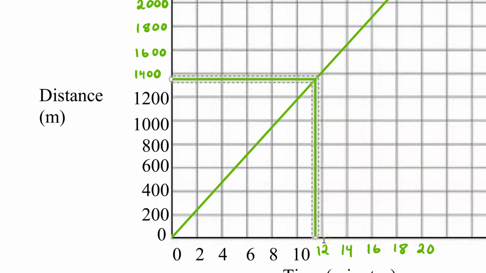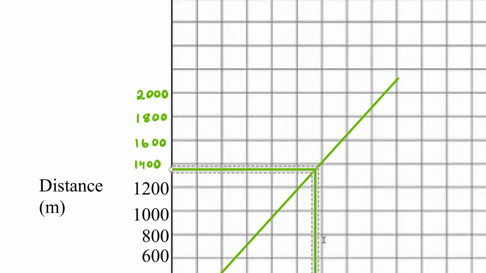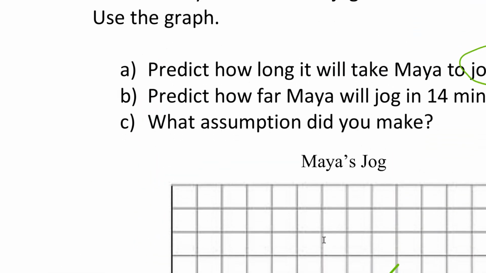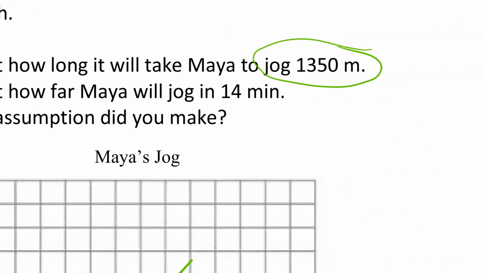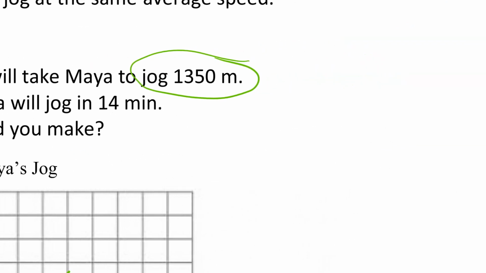We're a little bit further. We're 3/4 of the way as well. So we'd be closer to 11.5 minutes. So our prediction for her to jog 1,350 meters would be approximately 11.5 minutes.